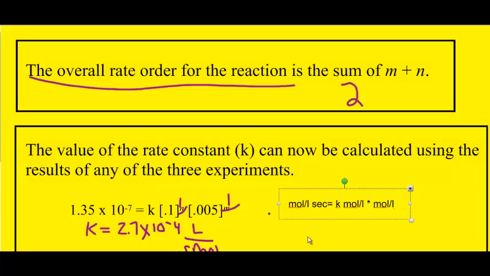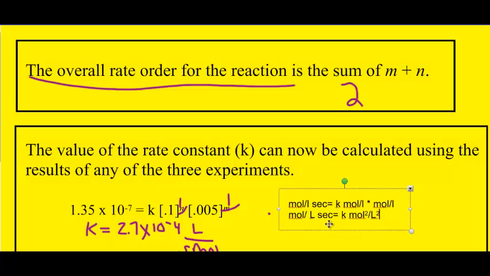So your units on the left side are moles over liters seconds, and your units on the right side come out to be moles squared per liter squared. And then you have to divide by that.